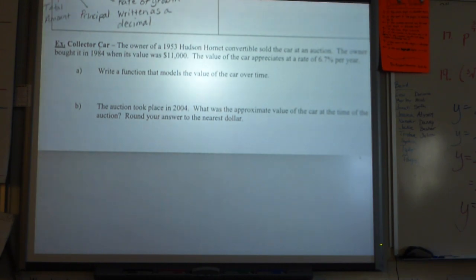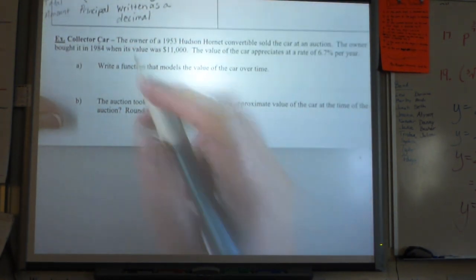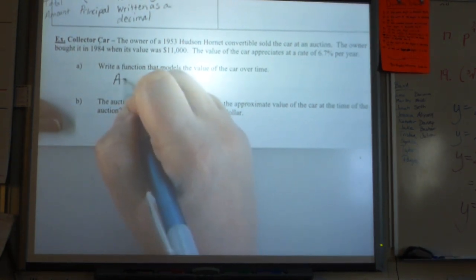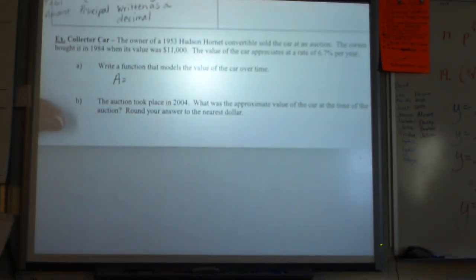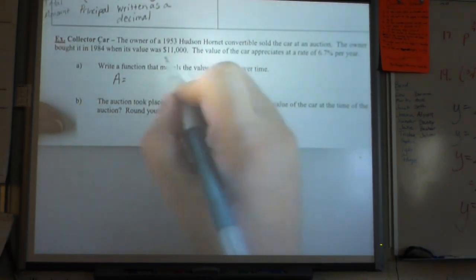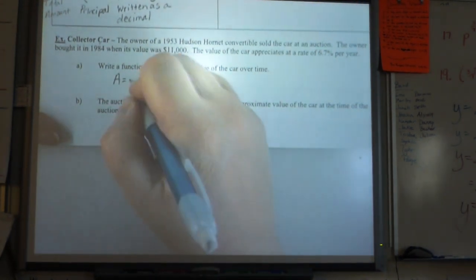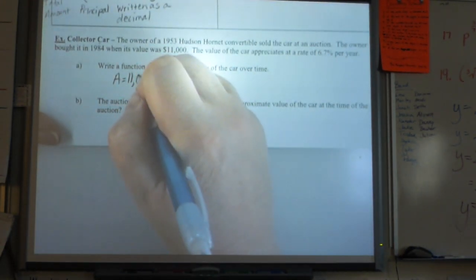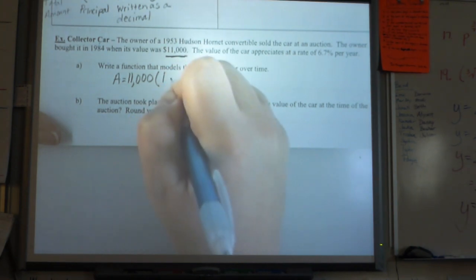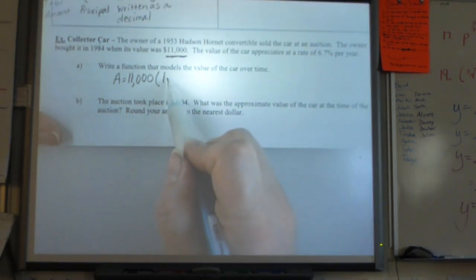Okay, so let's go ahead and write the function for part A. The price of the car is going to be equal to its initial value. I see he bought it, or she bought it, at $11,000, times 1. Am I going to have a plus here or a minus? Growth or decay? Growth.